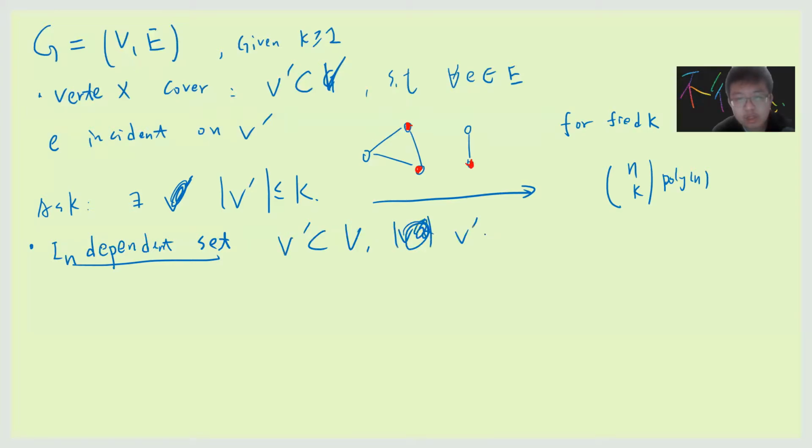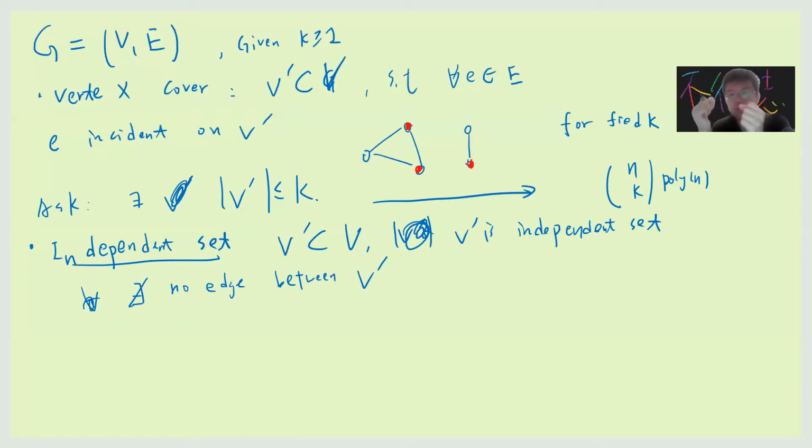When I say V prime is an independent set, it means there are no edges between any two points of V prime. Given k, you ask whether there is an independent set of size greater or equal to k. If you take 1 point or 2 points, you can easily do it. But as k increases, this probably becomes difficult.